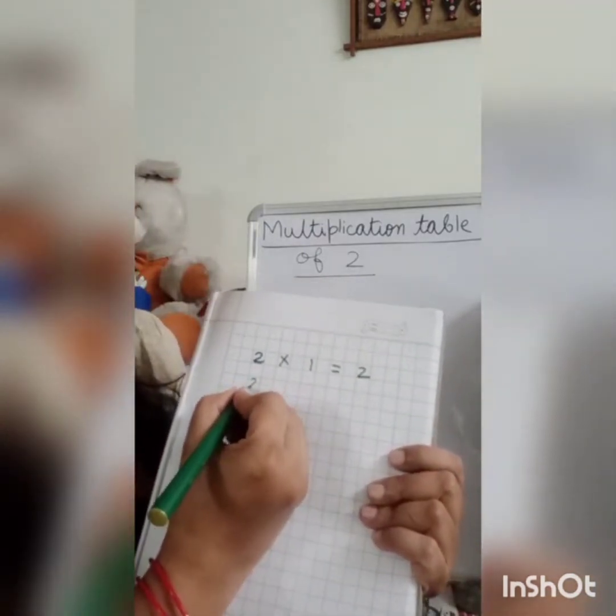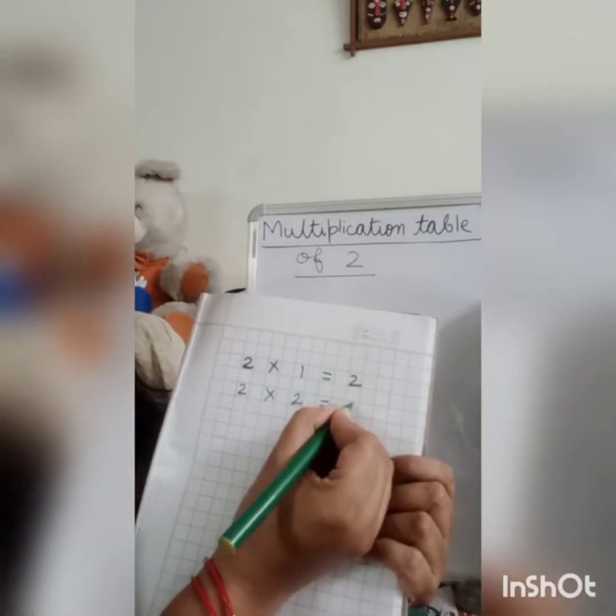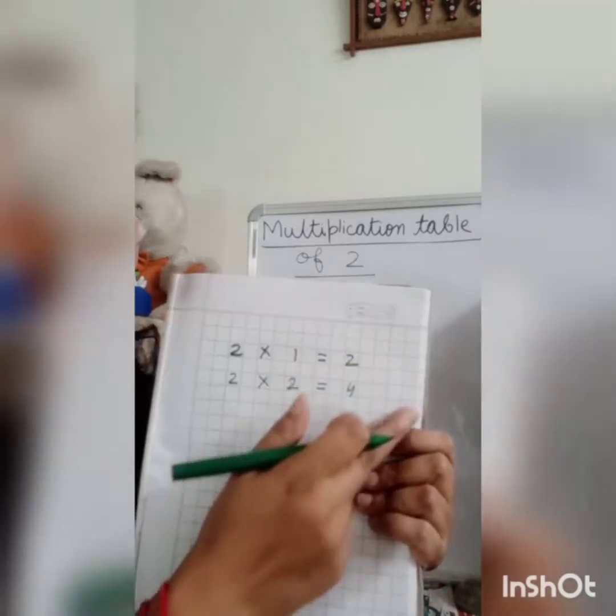And for the next step, you all are going to write 2 times 2 is equal to 4. In this way you all are going to write.